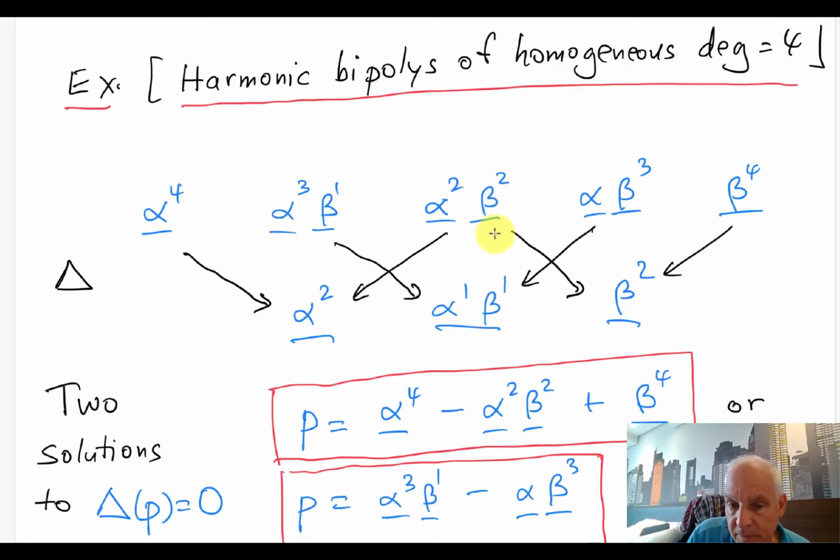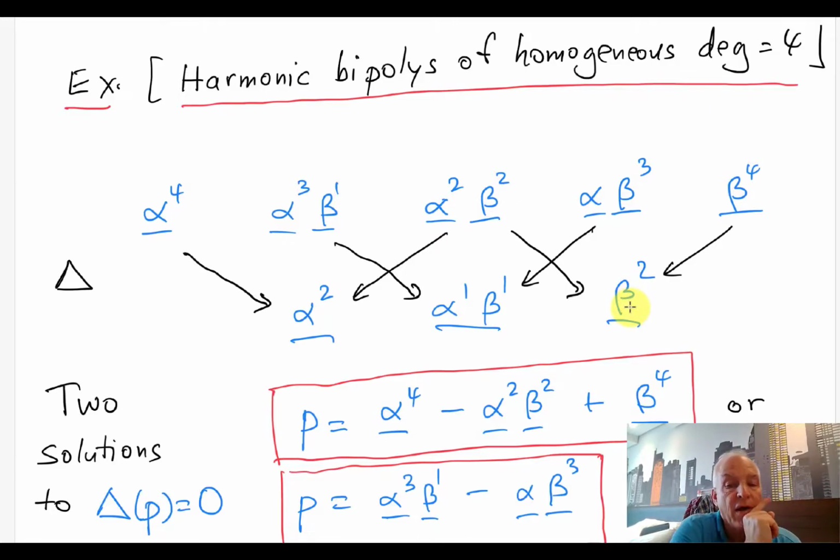So the Laplacian acting on this thing is actually the sum of this term and this term. So each of these arrows indicates a constituent in the Laplacian, with positive plus sign. When we take the Laplacian on this, well, we get alpha to the 1, beta to the 1 underscore, and the Laplacian of this is this one here.